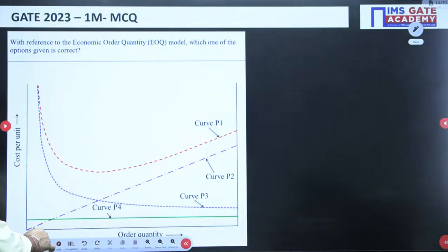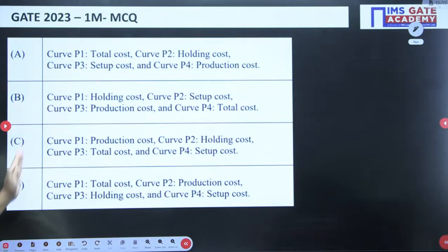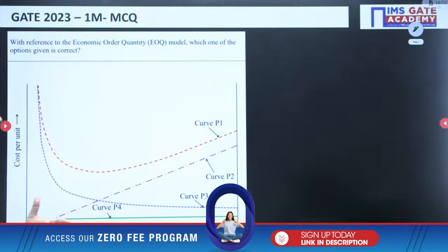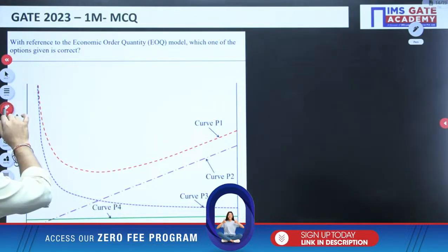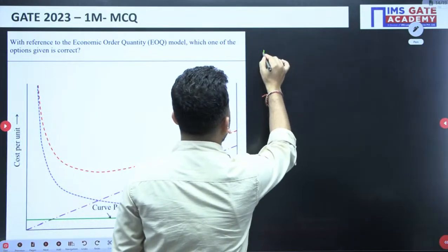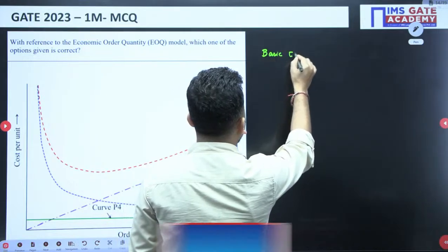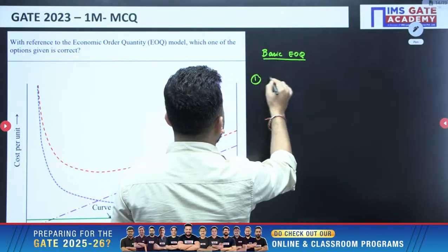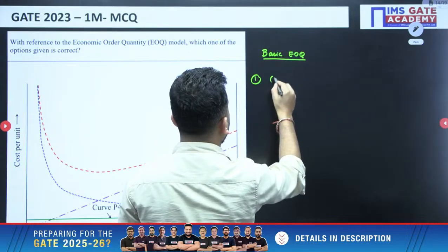In the next page he has given the options, that curve P1 is this, curve P2 is this, and so on. So he is asking the respective curve names. If I ask you in the basic EOQ model, what is the ordering cost?